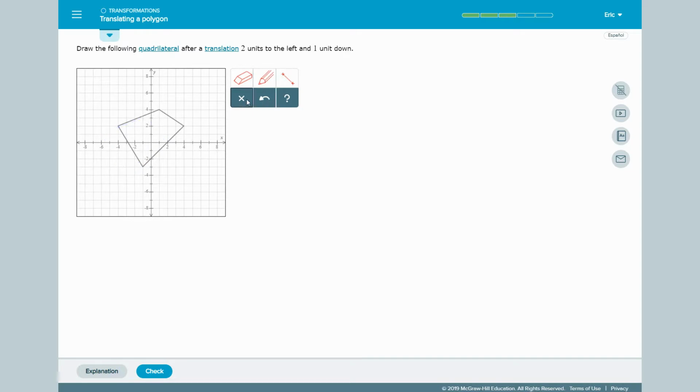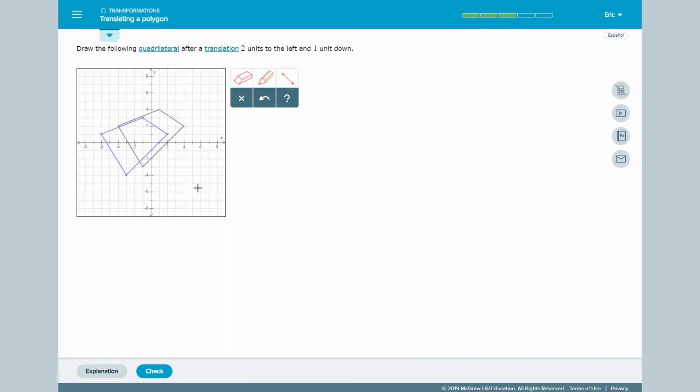My recommendation is to go straight to the line tool and connect each point, and then connect that last one.